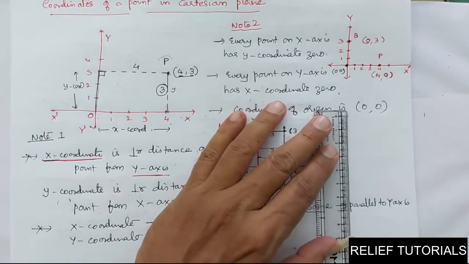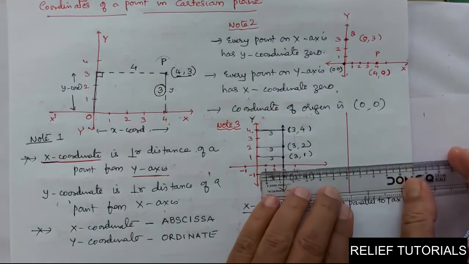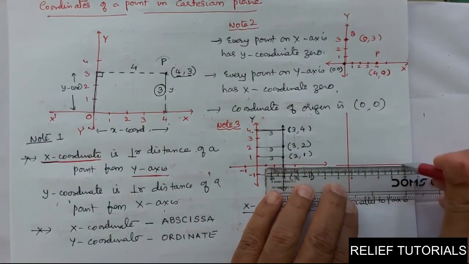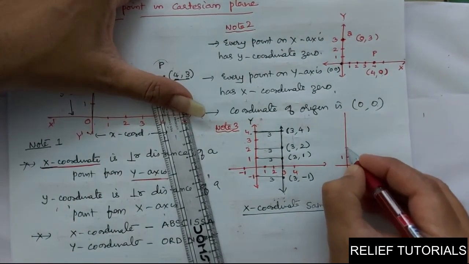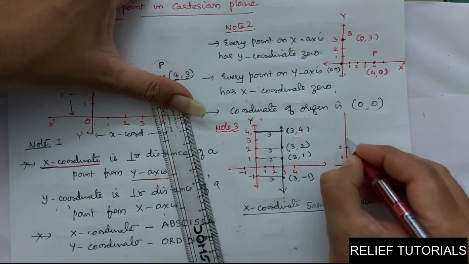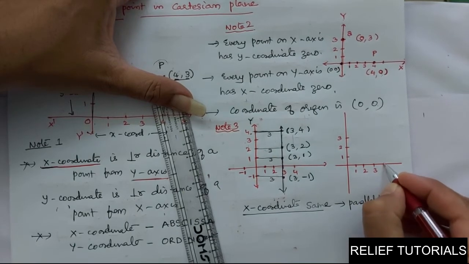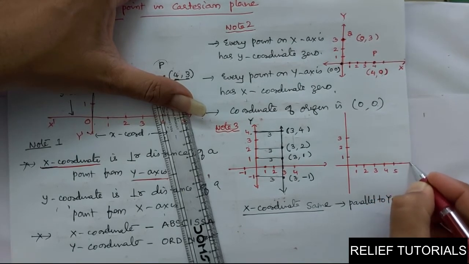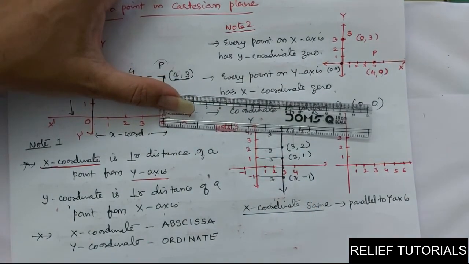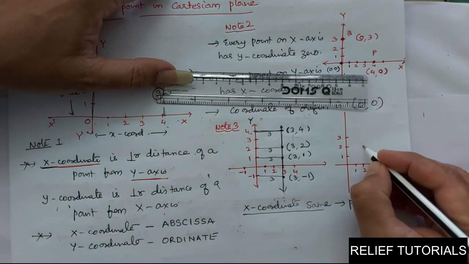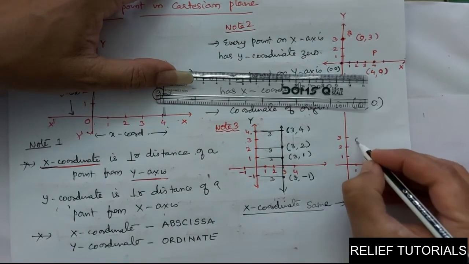Similarly, now I will take this point C. The coordinate of this point is, you go perpendicular to the x axis 2, here.